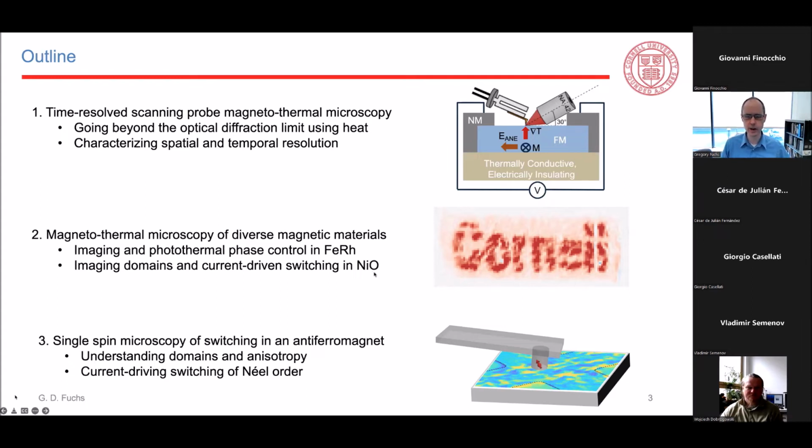And I'll also tell you about some of the work that we've done on some antiferromagnetic materials that have interesting properties and remaining puzzles. And then at the last part, we'll switch to a different technique because, again, the puzzles are remaining, in which we'll scan a single NV center as a single spin probe to measure magnetic fields very close to the sample and use it to understand the antiferromagnetic insulator alpha hematite.